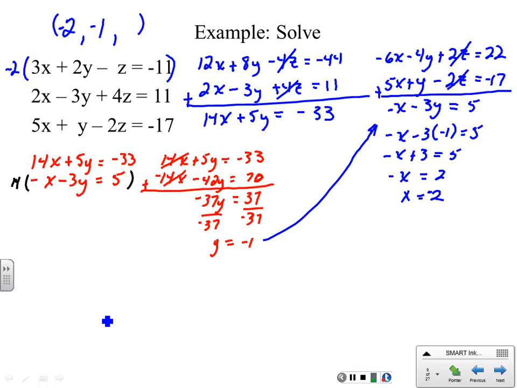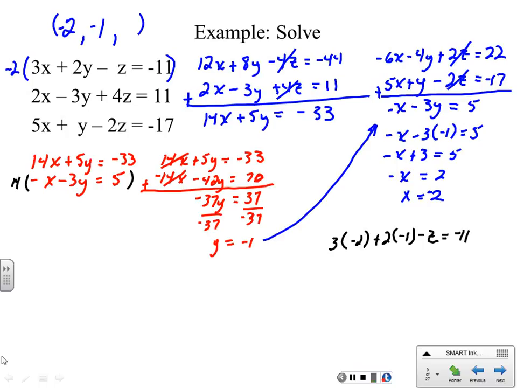Okay, so now I know x and y. How am I going to get to z? Plug it into the original 3. Plug your x and your y into any of your original 3. So I think what I'm going to do is plug it into that very top one just because. So we're going to have 3 times x is -2 plus 2 times y is -1 minus z is equal to -11.